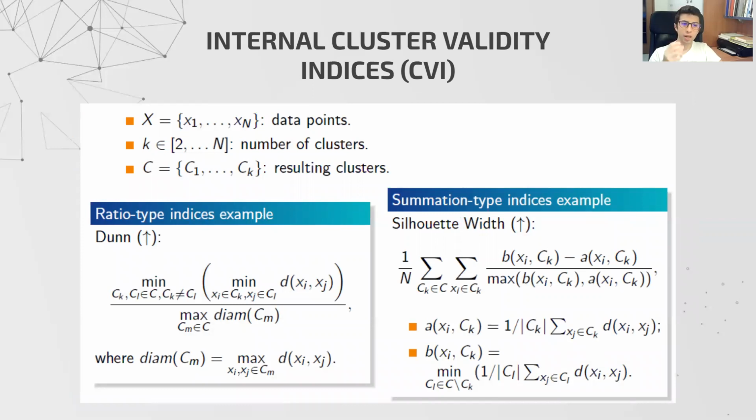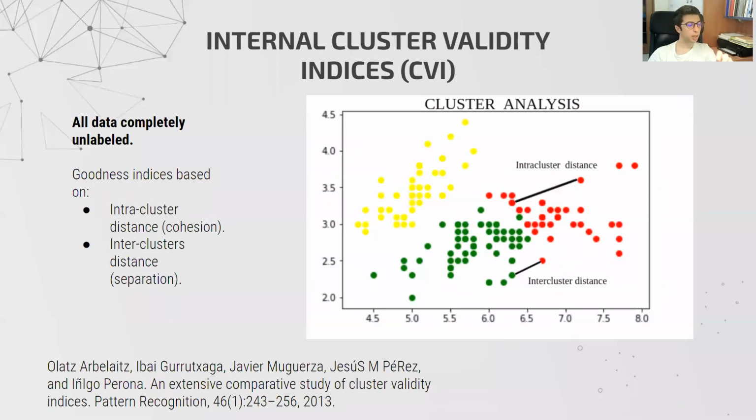But very often these two distances are merged. Why? Because in order to have a clearer idea about this complex situation, we have to merge the information between cohesion and separation into one single index.